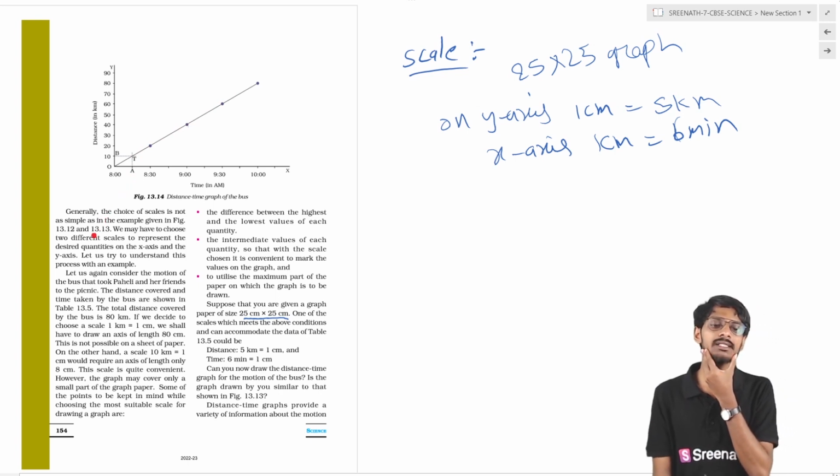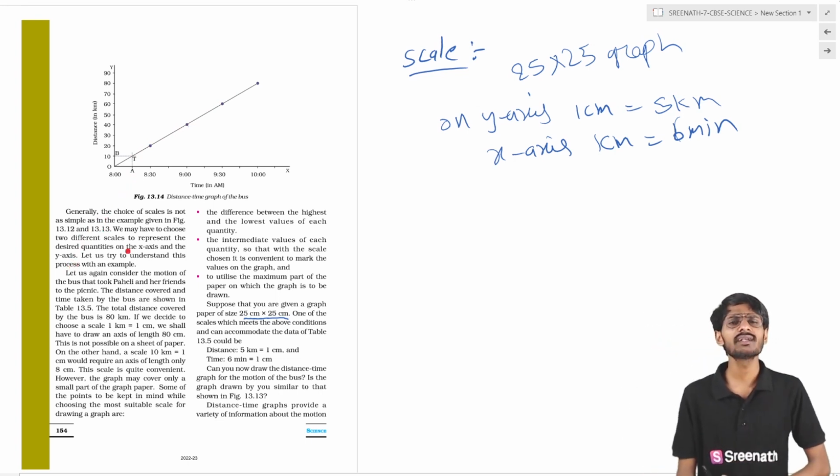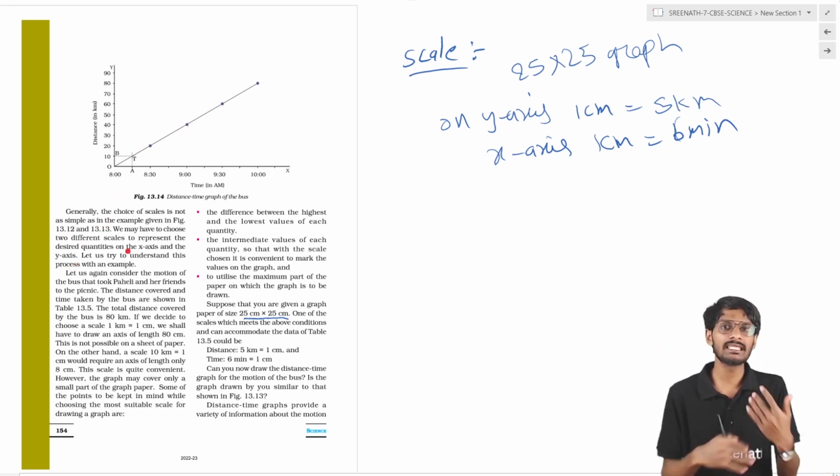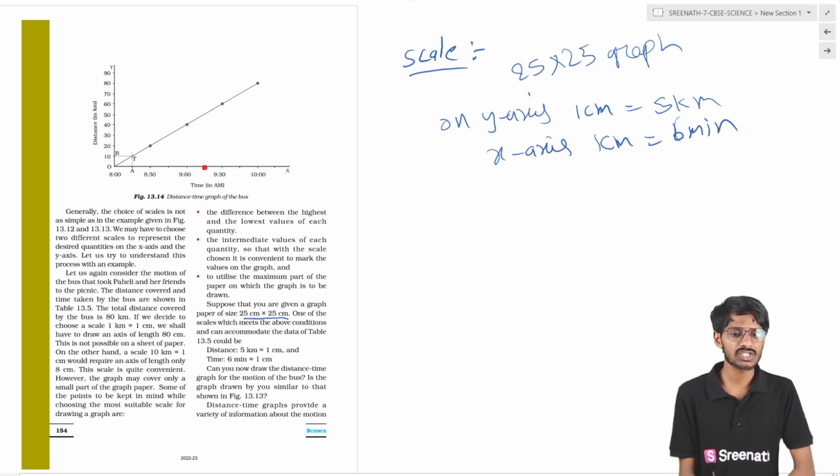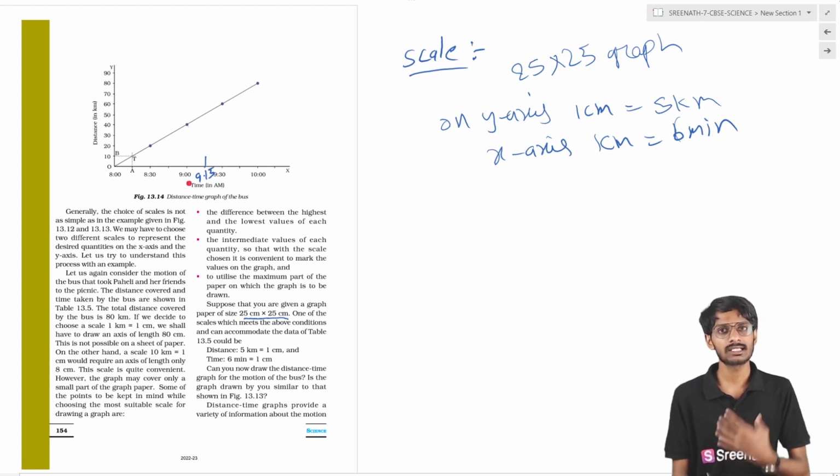Now if you want the distance at any particular time, suppose you want the distance at 9:15, so this is the 9:15.